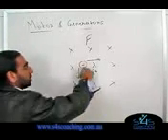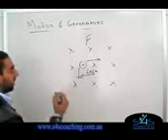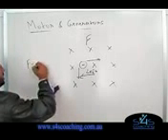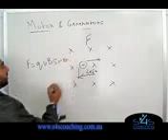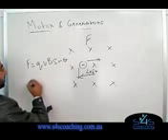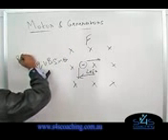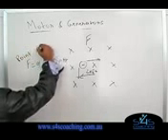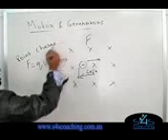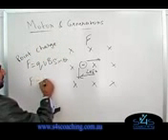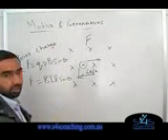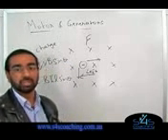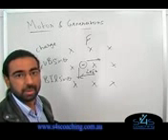If I have a point charge, then I use the formula F equals QVB sine theta. If I have a wire, then F equals BIL sine theta. We'll be looking at a few examples of this as we go ahead.